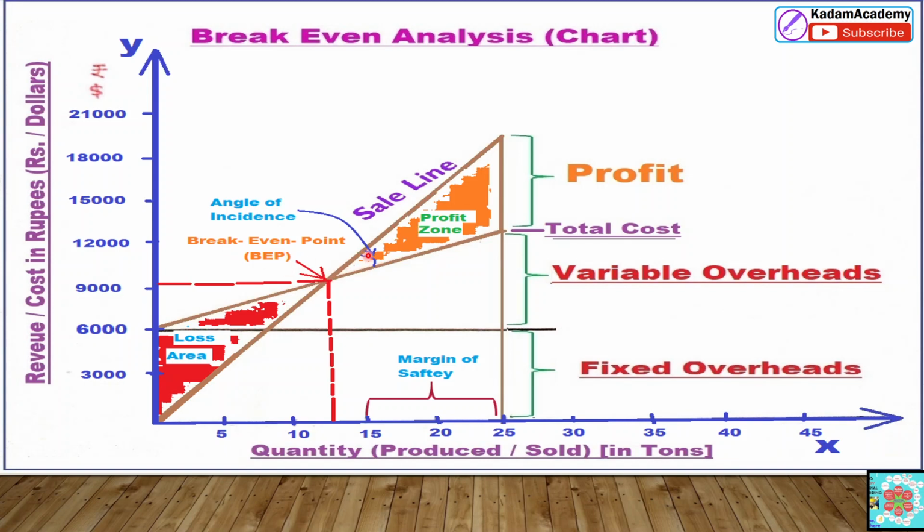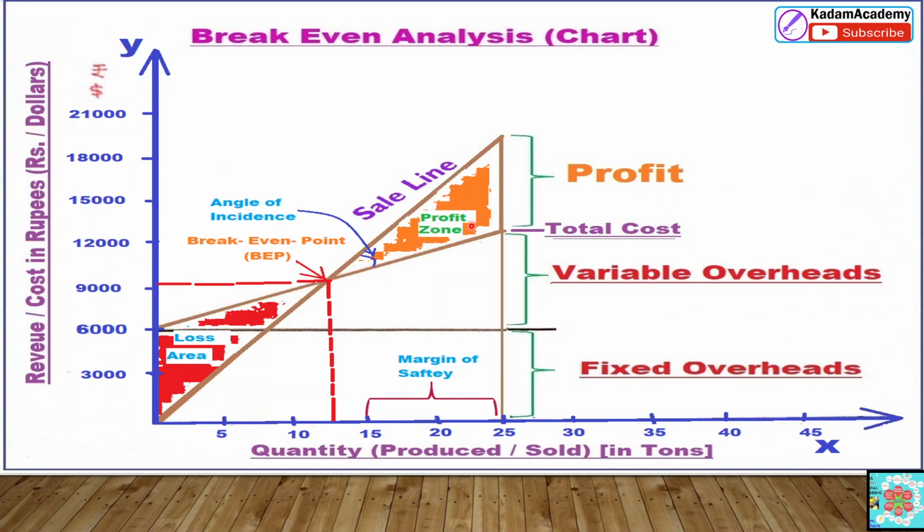The angle made by these two lines is nothing but the angle of incidence. And this is a very interesting point on this graph: the larger the angle, the larger the profit. The lower the angle, the lower the profit.